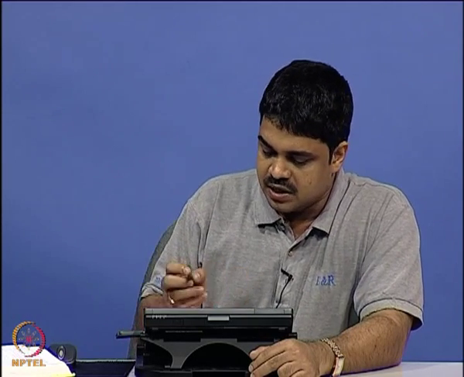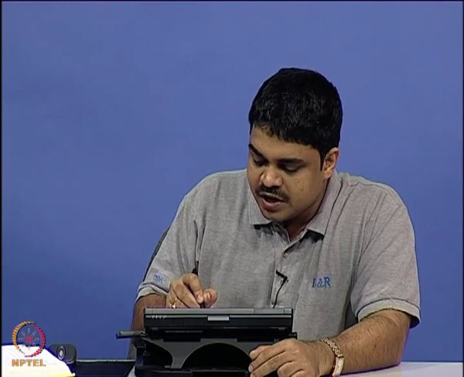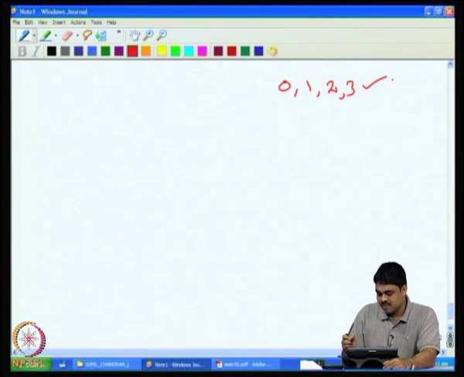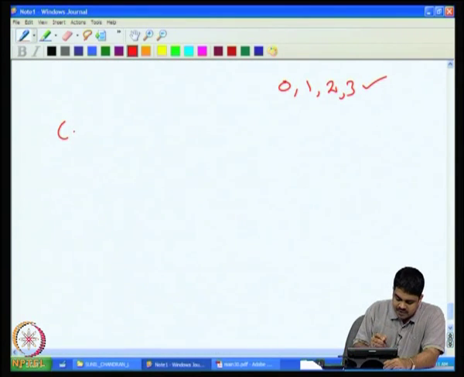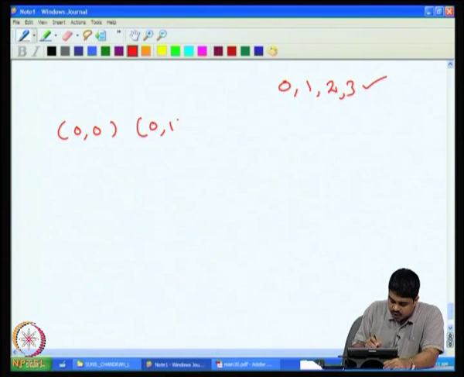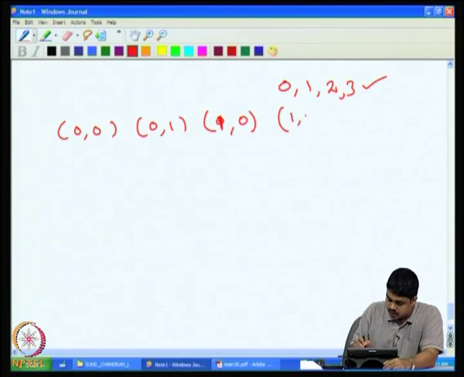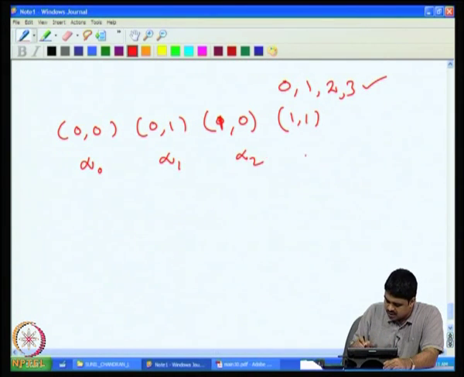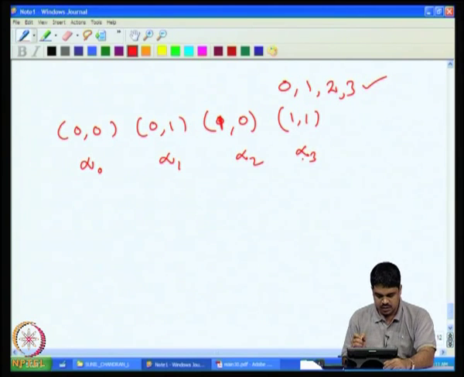So, let us say there are 4 colors. Usually we call the colors 0, 1, 2, 3, or maybe 1, 2, 3, 4, but rather than calling it like that, we will use a different notation. We will call the colors 0 0, 0 1, 1 0 and 1 1. These are the 4 colors.